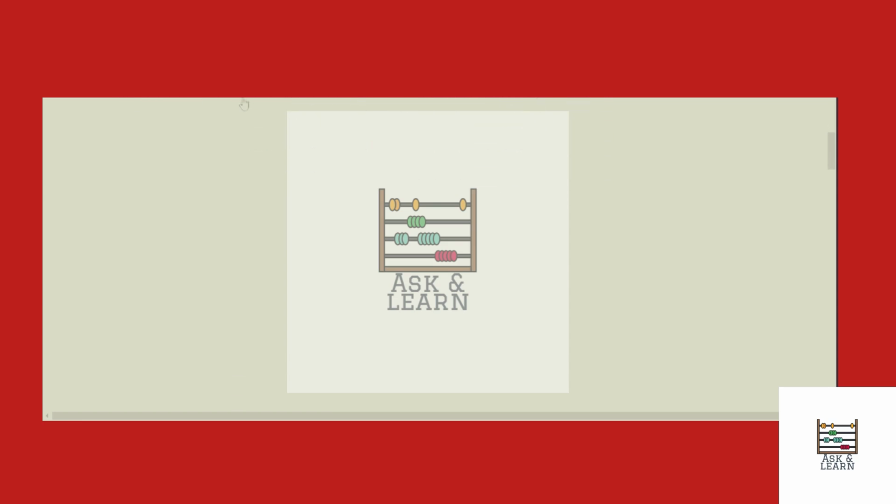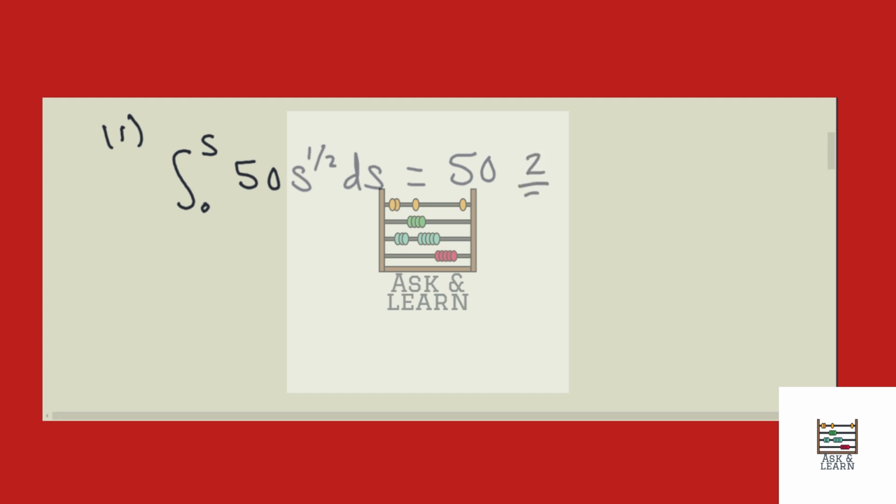Looking at 1, let's take the integral. Again, let me write it out. You have the integral from 0 to s, and then the force here is 50 s to the 1/2 ds. Taking the integral, we have 50 on the outside times 2/3 s to the 3/2.